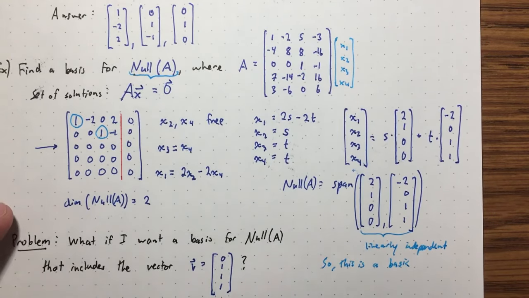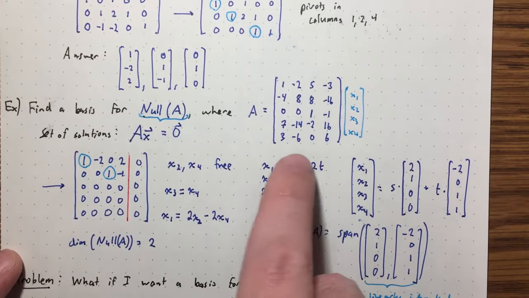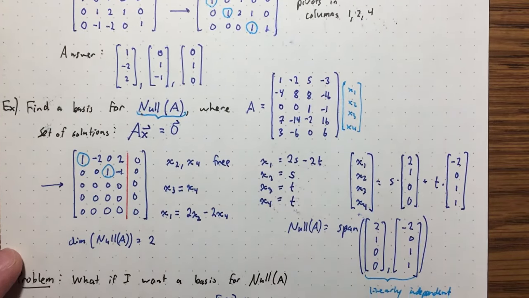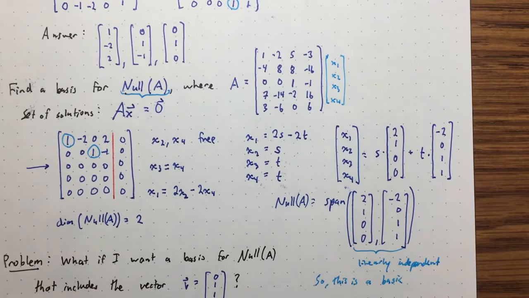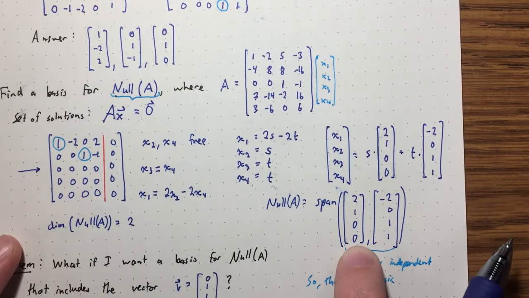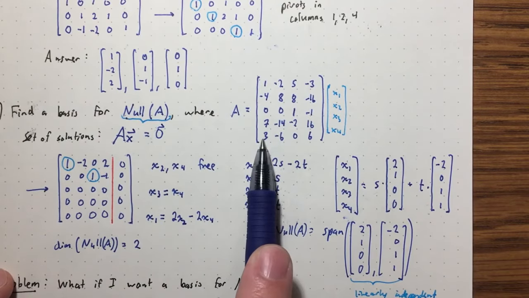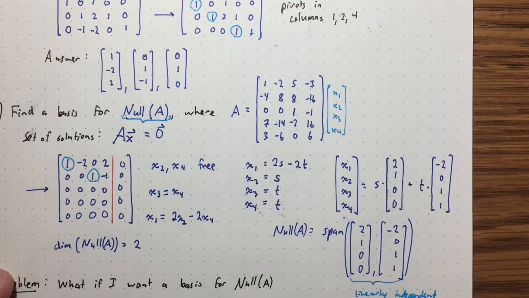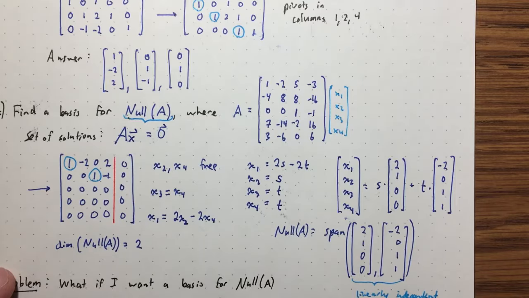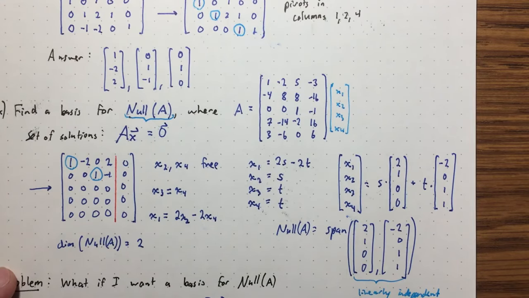So that's pretty cool. You should think about vectors in the null space as giving you linear relations between the columns that they satisfy. So for example, what is this first one telling me? The fact that (2, 1, 0, 0) is in the null space? It's telling me that 2 times the first column plus 1 times the second column is 0. Or in other words, the first column is negative 2 times the second column.